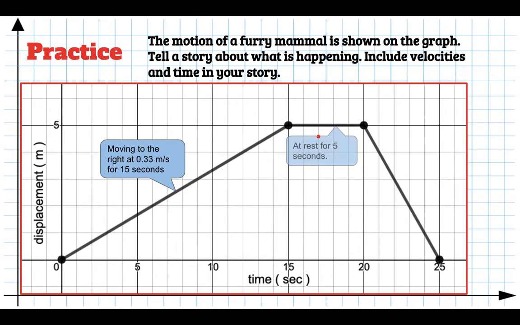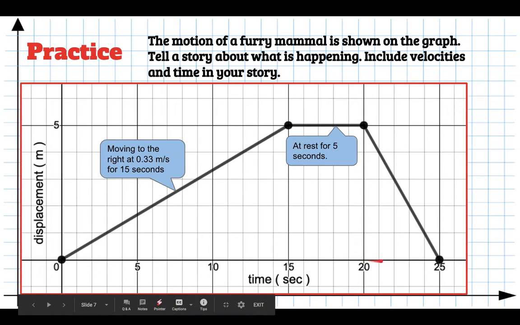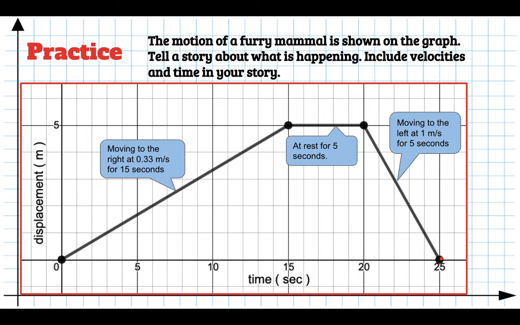In the second segment right here, it's at rest, and that lasts for 5 seconds. We can tell that from the graph. The slope is 0, and that happens for 5 seconds. And in the last section here, the displacement is negative 5 meters divided by 5 seconds, so that's negative 1 meter per second for 5 seconds.